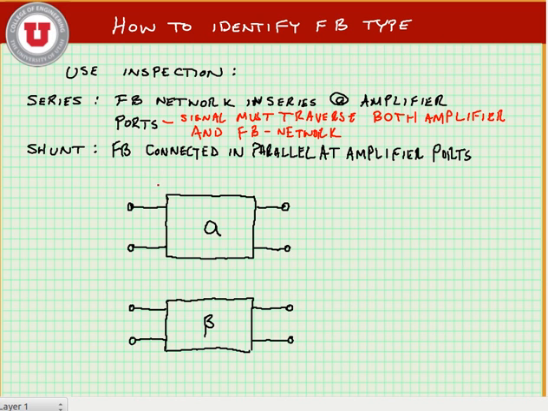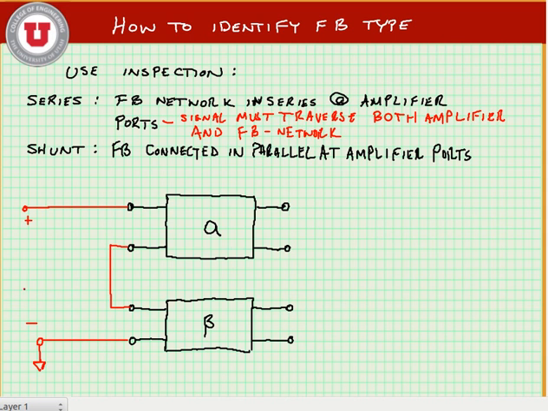So we'll draw this series type feedback, for instance, at the input. Here we would put our input into the amplifier. We would have to go through the amplifier's port into the feedback network and ultimately return through the feedback network back to either the input source, or we commonly ground one side of the input source.